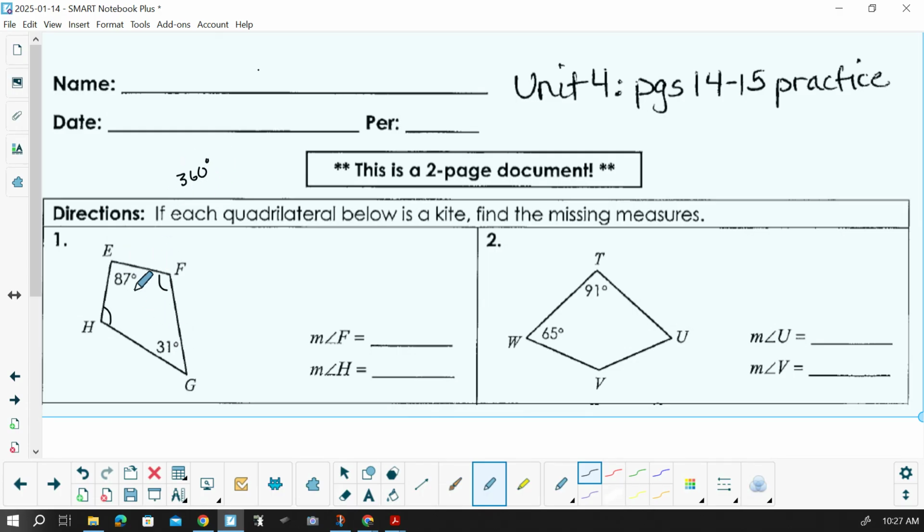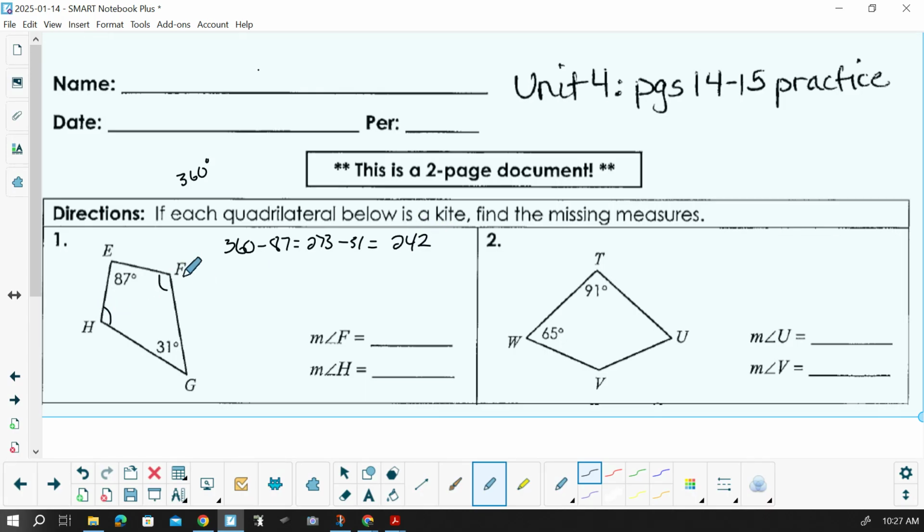Let's subtract these two. 360 minus this 87 and this 31, right? So 360 minus 87 was 273, minus that 31 is 242.